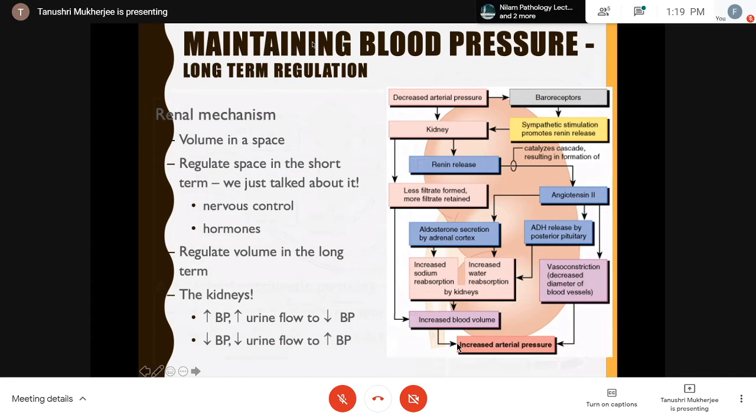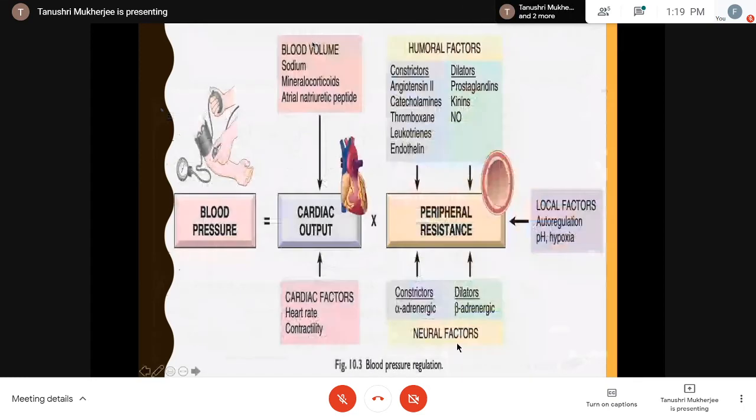So this flow chart is again very important in seeing all the baroreceptor-induced and the hormonal influence on the control of blood pressure.